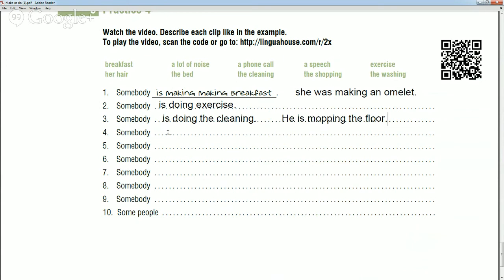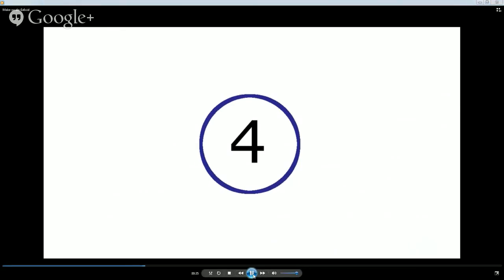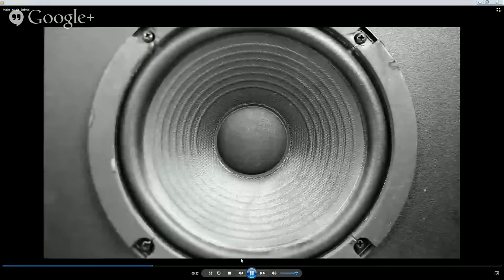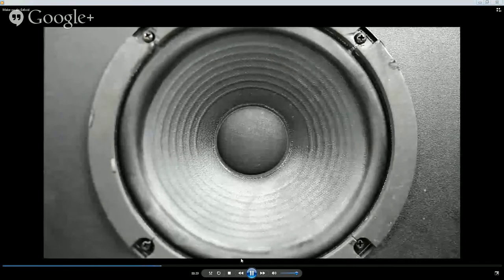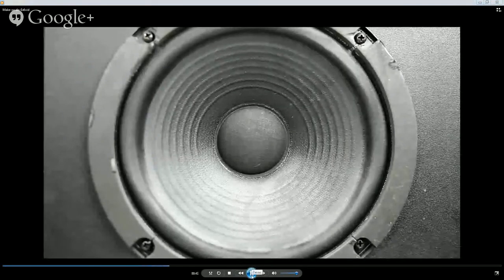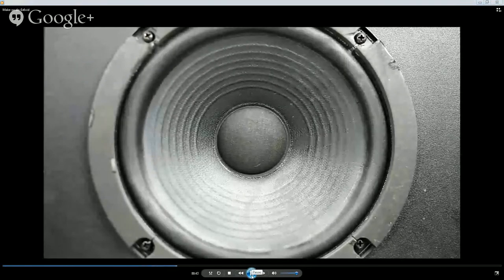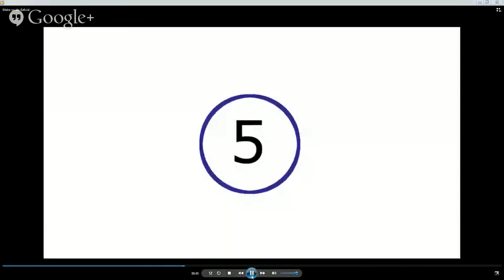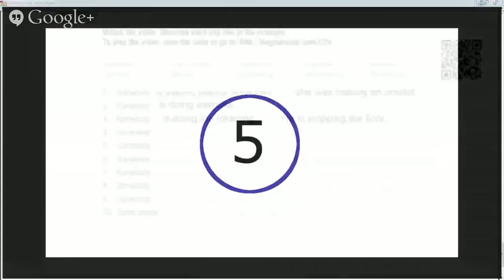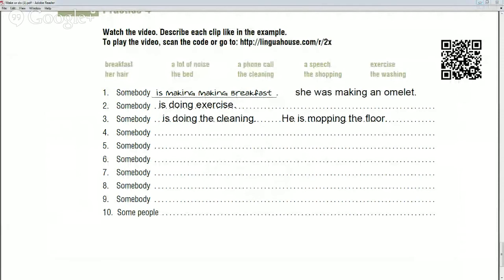Okay. The number 4. Okay, now you guys didn't hear that, but there was a bunch of music coming out of that. So what do you think is going on?